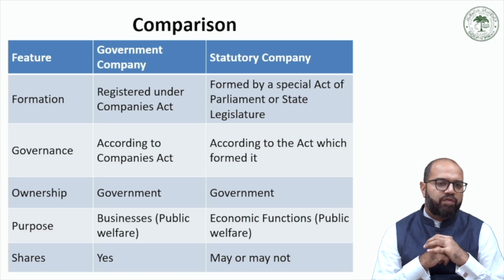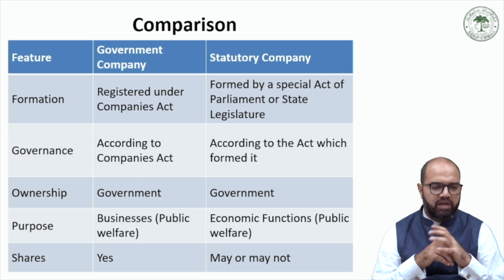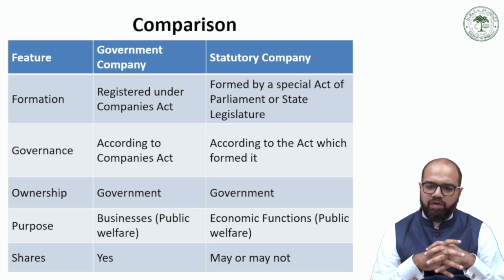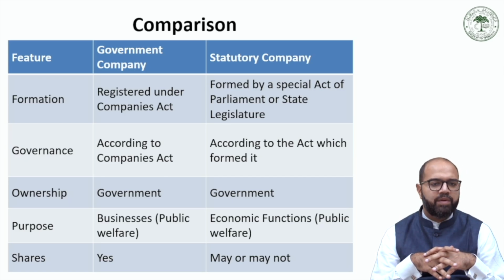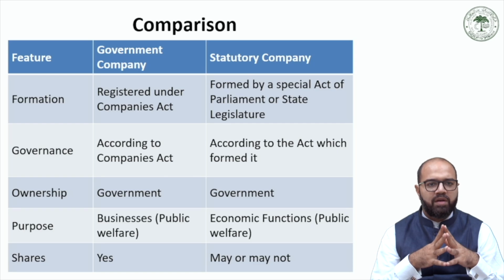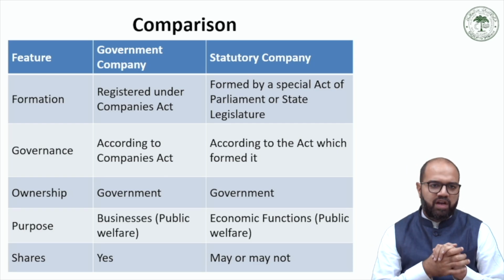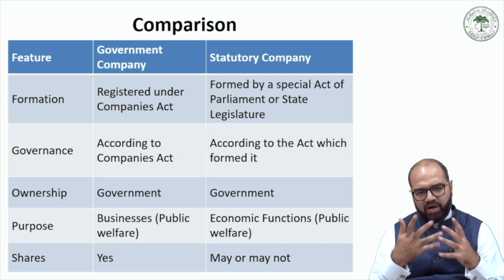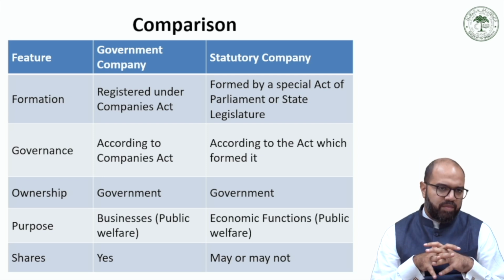On the question of ownership, there is some similarity, because a government company is a company which has a majority of government shareholding, so it is owned by the government. And in most cases of statutory company, they are also owned by the government, or majority stake is of the government.